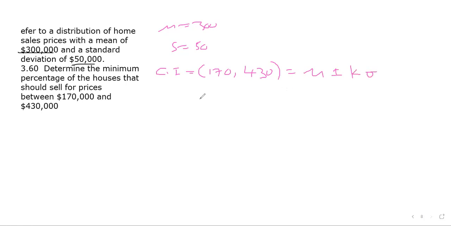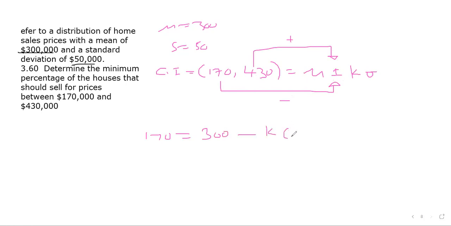Which value is equivalent to 170, the minus sign? Which one is equivalent to 430, the plus sign? You can use either of them. So 170 is equal to mu, which is 300. What sign are we using? The minus. k we don't know. Our standard deviation is 50. So when the k comes here, it will be positive.